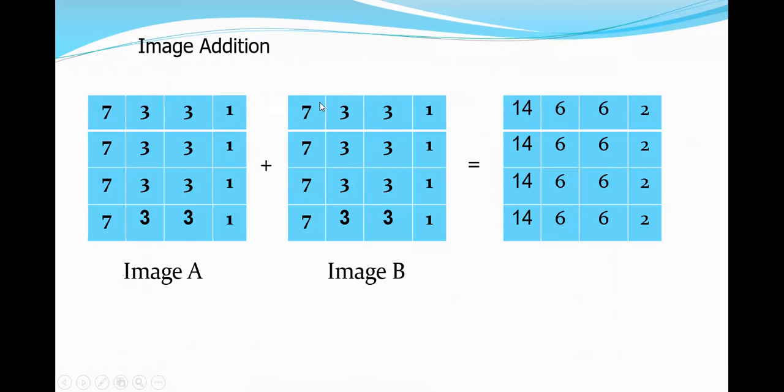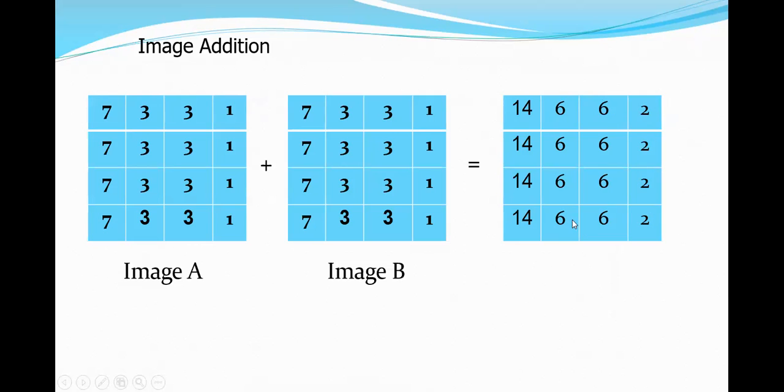It is added with pixel at same location from image B to get the result as 14. So 7 plus 7 gives you 14. Then next pixel 3 plus 3 gives you 6. Then 3 plus 3 gives you 6. 1 plus 1 gives you 2. Okay, so this is pixel by pixel addition.